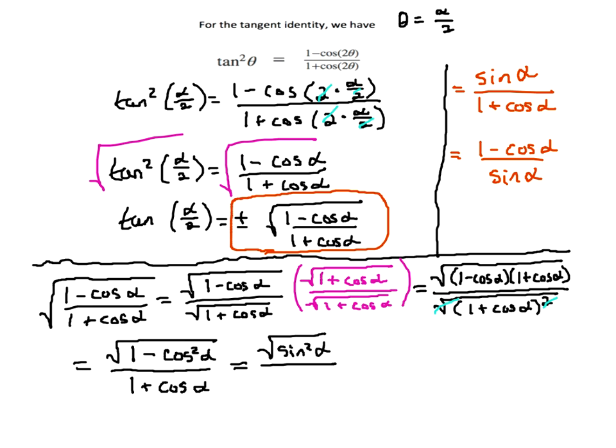That's your Pythagorean identity over 1 plus cosine alpha, and when I take the square root of something squared, I'm just left with that thing, sine alpha over 1 plus cosine alpha, and that's that one right there.